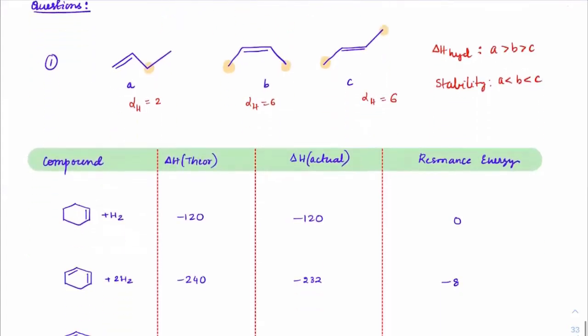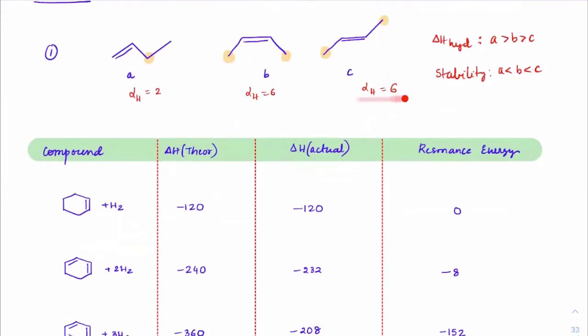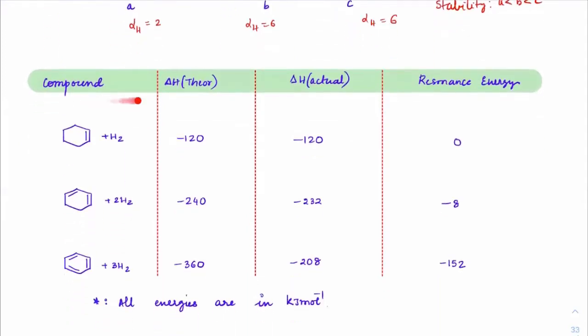Now this works fine with simple straight chains or even cyclic chains, except in aromatic cases. When aromaticity comes, aromatic compounds become highly stable. I fetched some data from sources. If you see, there is one double bond in cyclohexene and we add H2, the amount of energy we expect to release is minus 120, and the same amount is released.